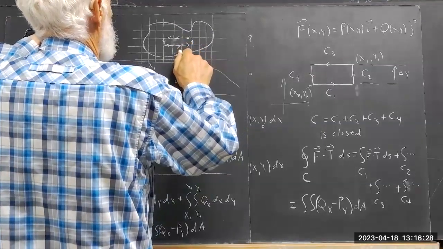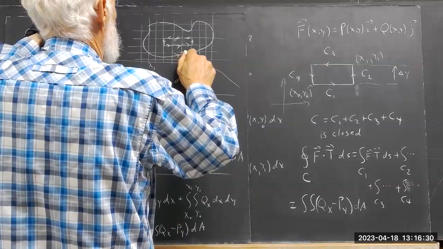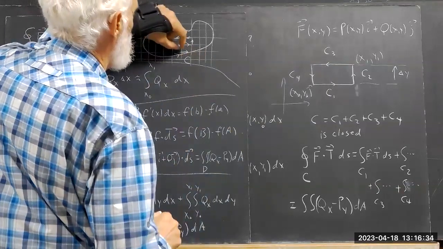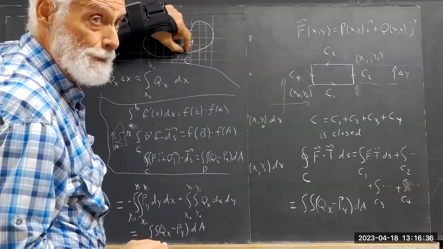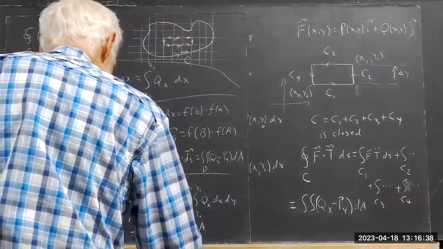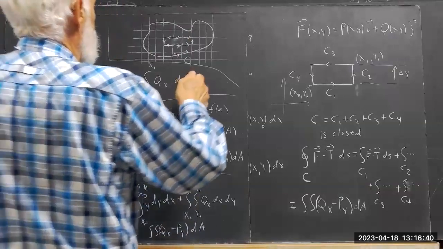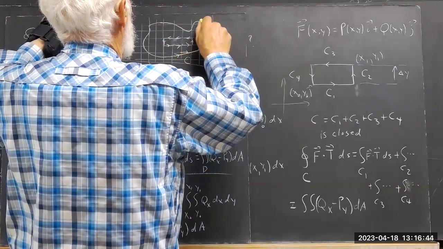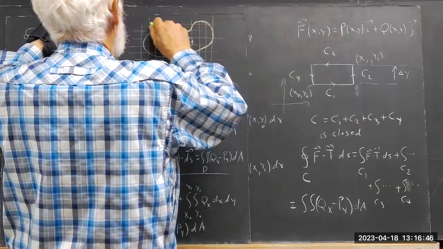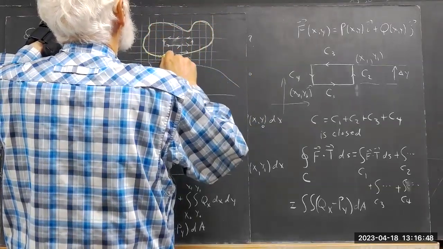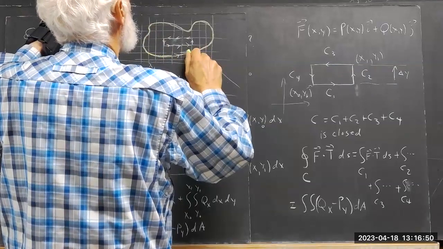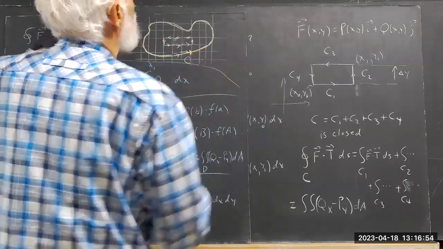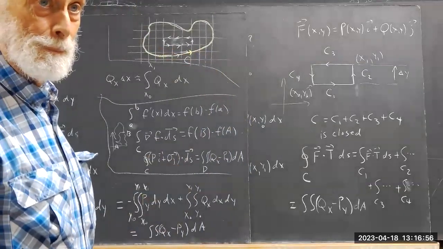Now here we might run into a little bit of a problem, because we've got this, but then we've got a little segment along this boundary. So let me make this boundary green. Now we've got to follow this boundary for a short segment.